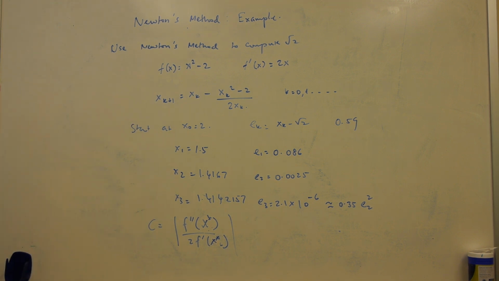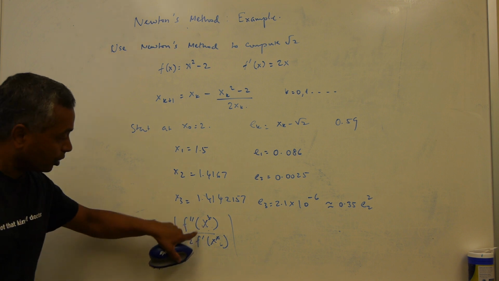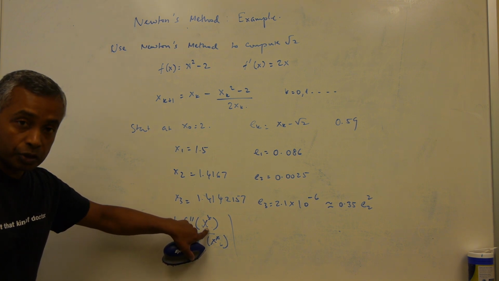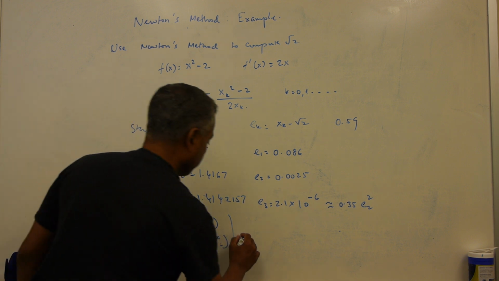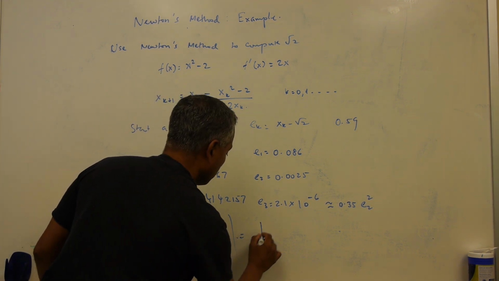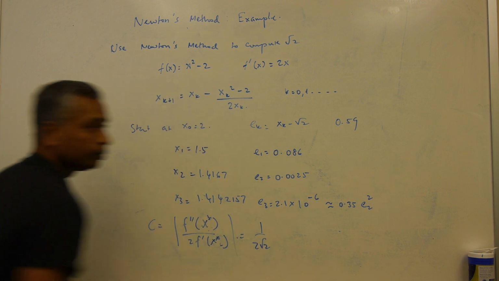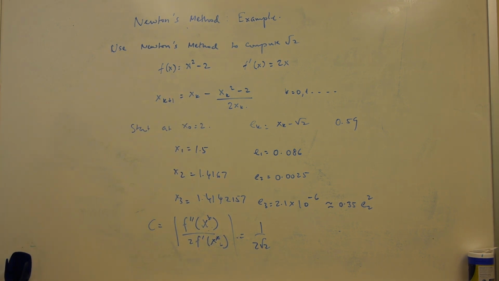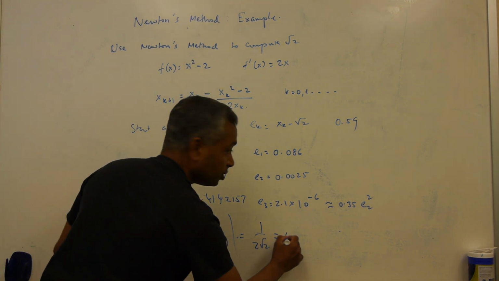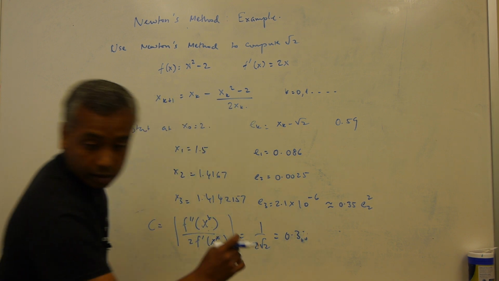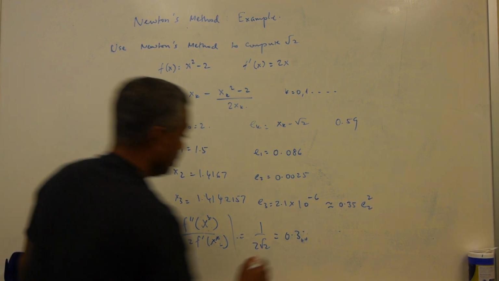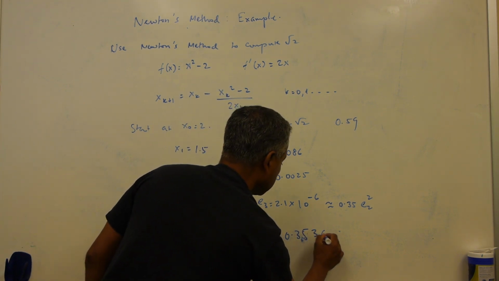Okay. Now, you know what the solution is here. If you just put x star equals root 2, that's the value that we're trying to find out. This is exactly equal to 1 over 2 root 2. Okay. And this value is in fact 0.3536.